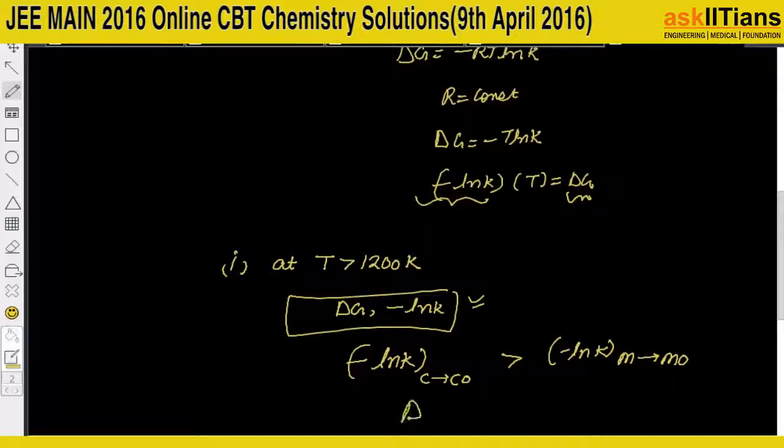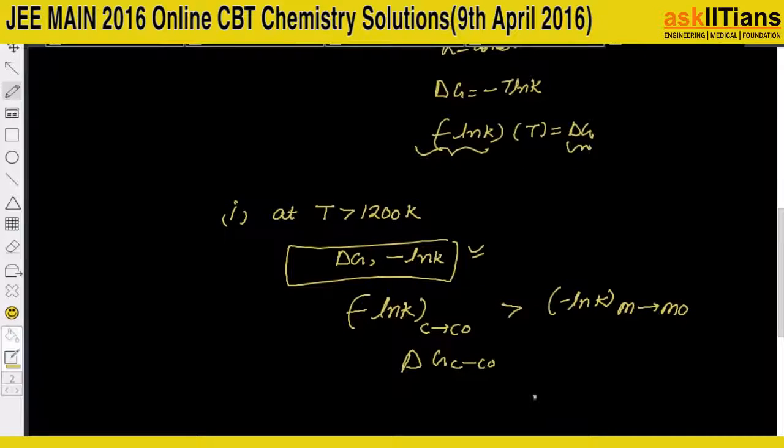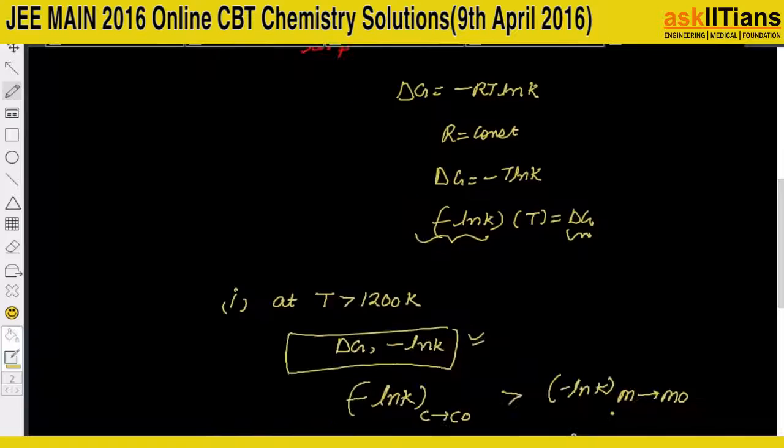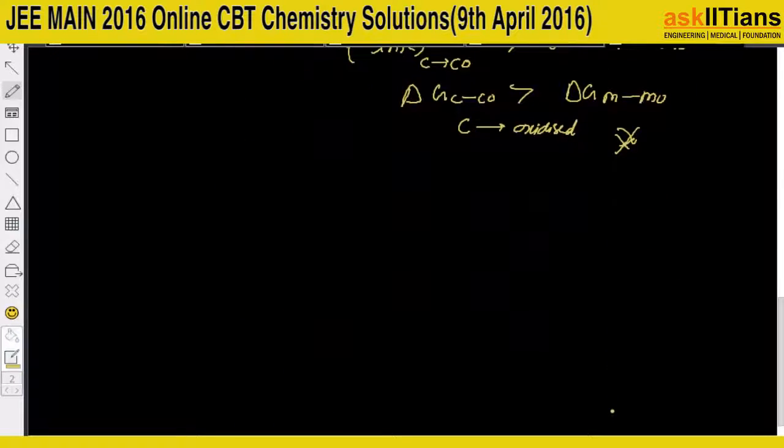That means delta G for C to form CO will be greater than delta G for M to form MO. That means C is going to get oxidized. So this is not the correct option, because what has been given in the option is not matching with what is there.